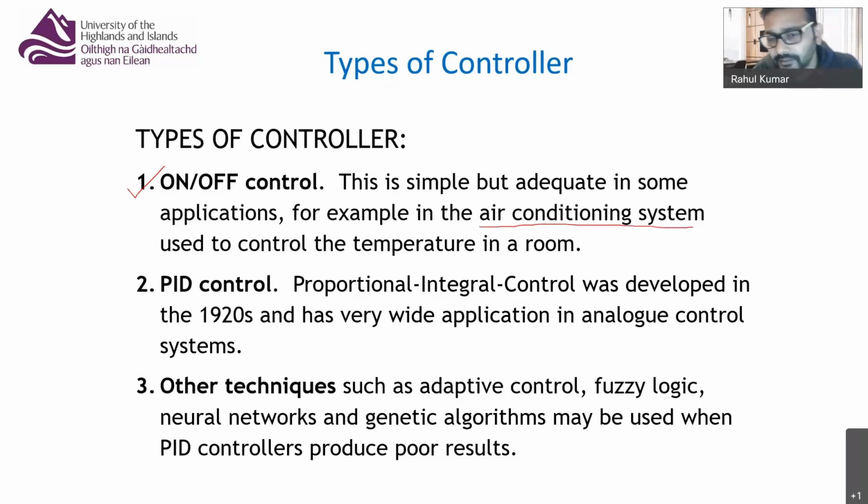For all those things, we can use this on-off controller. It's one of the simplest types of controller. The second type of controller is called the PID controller, and the full form of PID is proportional, integral, and differential controller.